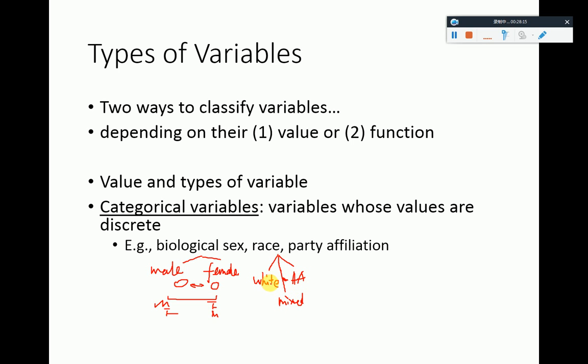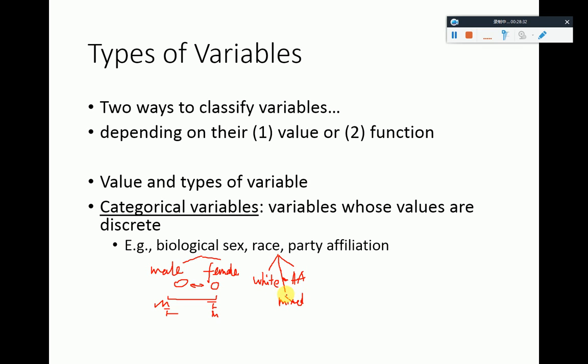So again, these three values of this variable race are non-overlapping, non-continuous, and mutually exclusive.